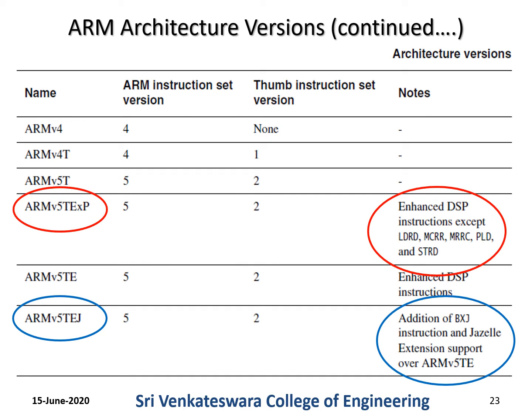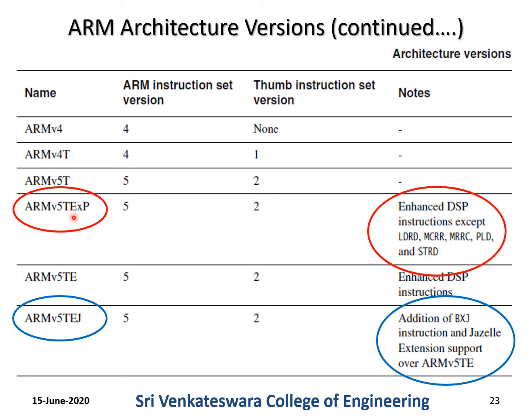Here, various ARM versions are listed. It is good to understand the naming conventions of ARM architectures. Let us see about some of them. Here, this ARMV5TEXP gives certain information to us. What are they? V5 stands for version 5 of ARM architecture, and T stands for support of thumb instruction.